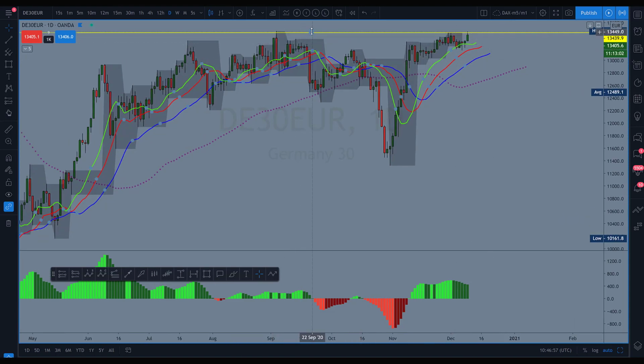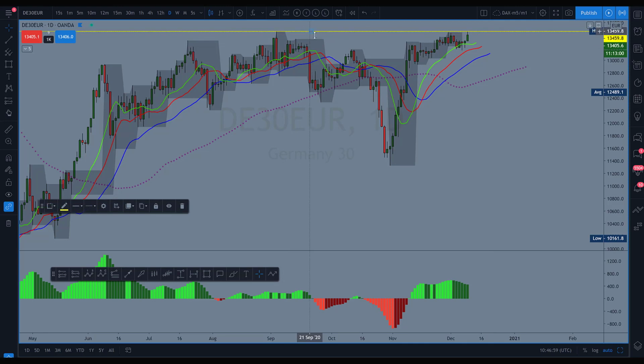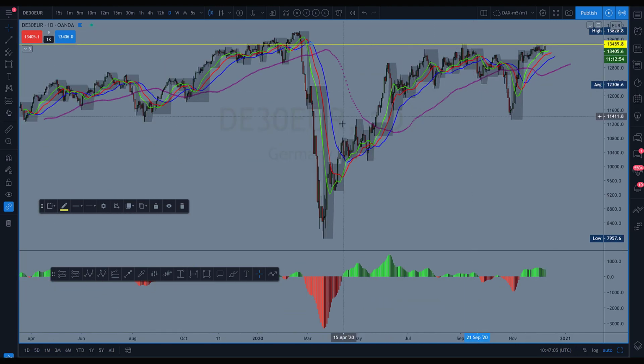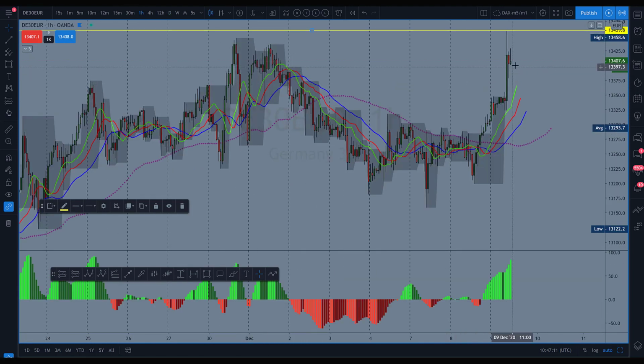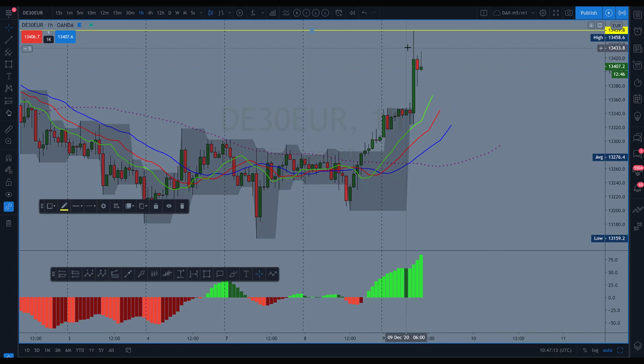So if I move the level up there, we have touched, not the yearly, but at least the pre-pandemic highs all the way up there. So if I go to the hourly chart, you can see that the market actually hit that level.